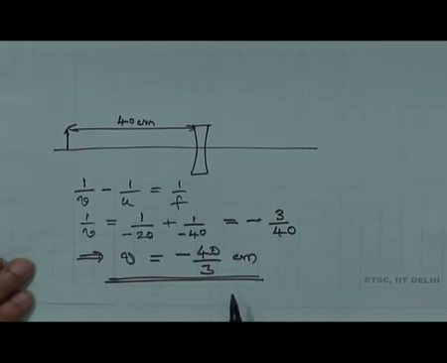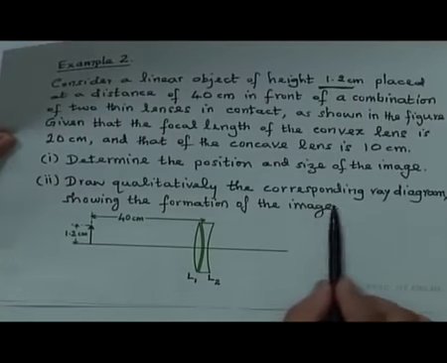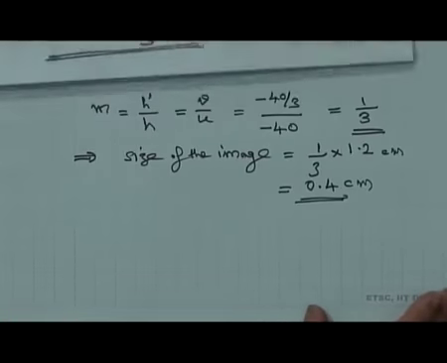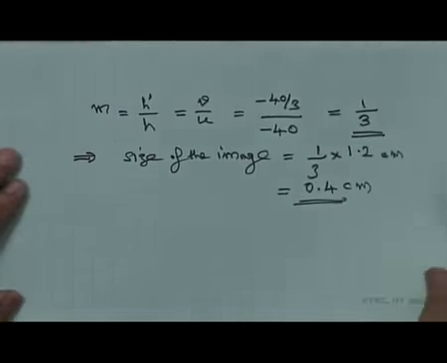So, now let us try to draw. We can draw qualitatively the corresponding ray diagram showing the formation of the image. So let me try to draw it here itself.